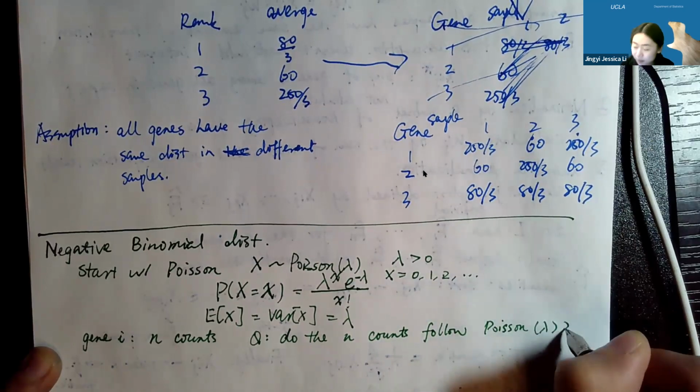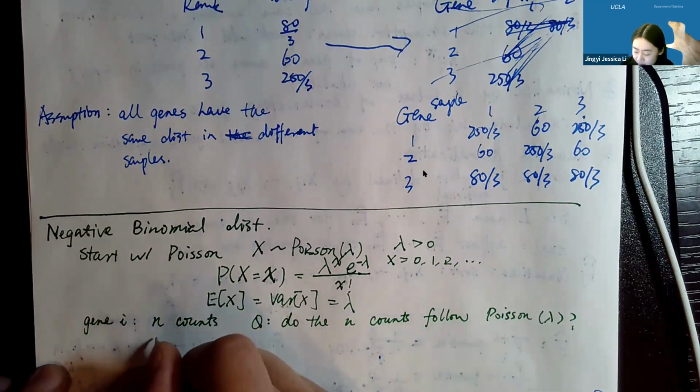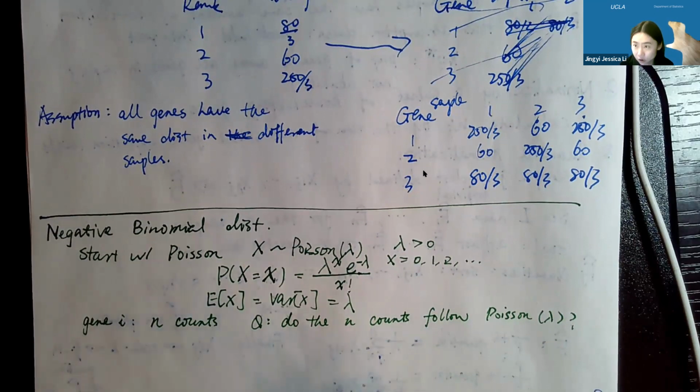By saying follow, we would summarize our n counts, for example, how many counts are 0, how many are 1, how many are 2. We will compare those proportions to the probabilities we would expect from a Poisson distribution, and we will find the lambda value so that the Poisson probabilities best fit the observed proportions of 0, 1, and 2, etc. So that's what we'll do.